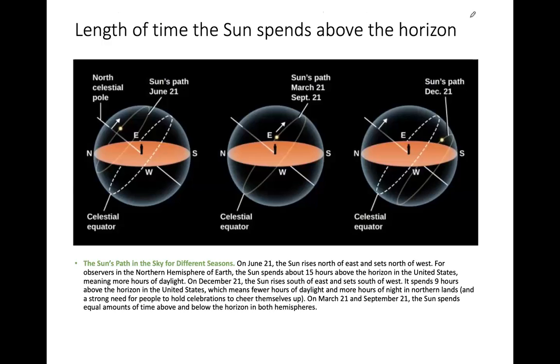Now this diagram nicely shows you the length of time that the sun spends above the horizon. We can't experience it that much in our country, but in these days you can see that in the last week of December and the first week of January, the sun goes down a little bit earlier, right?